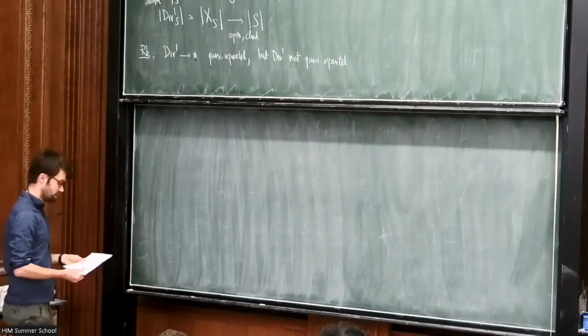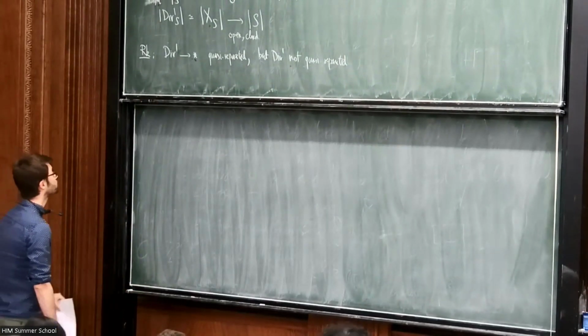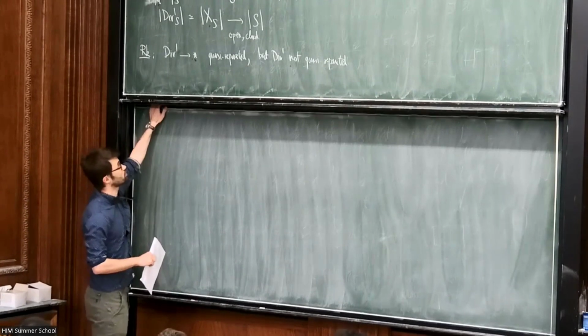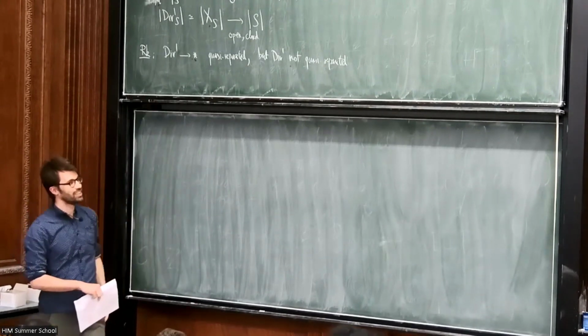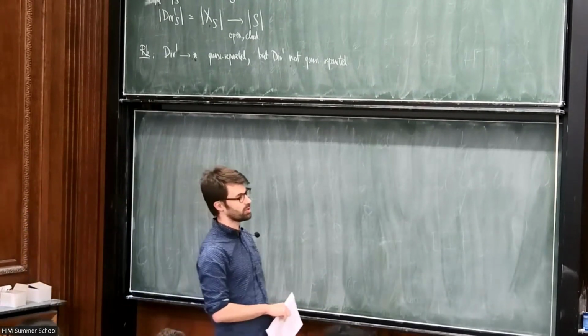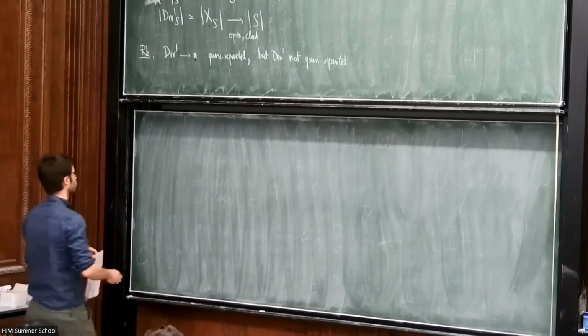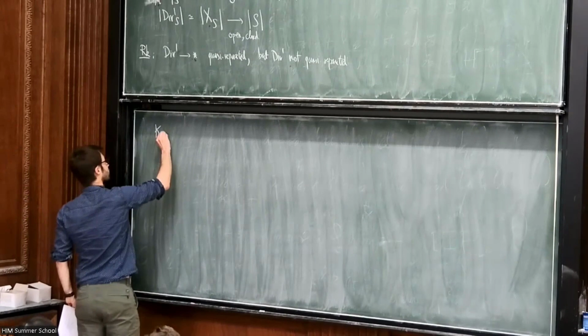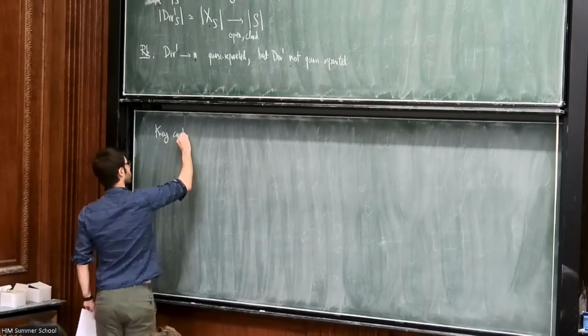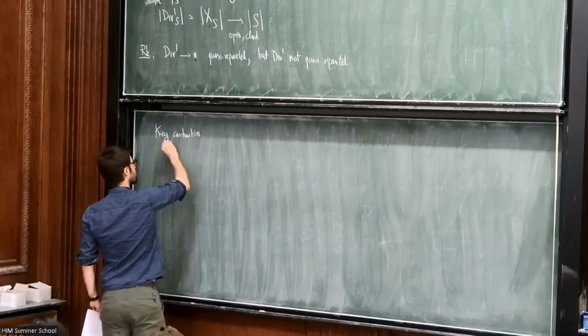Okay, so now let me actually come to vector bundles. So that was just somehow to say a little bit more about these relative Fargues-Fontaine curves. The key construction regarding vector bundles is due to Fargues-Fontaine.